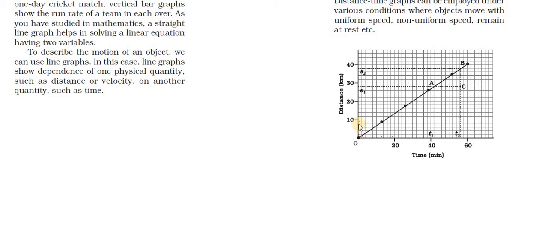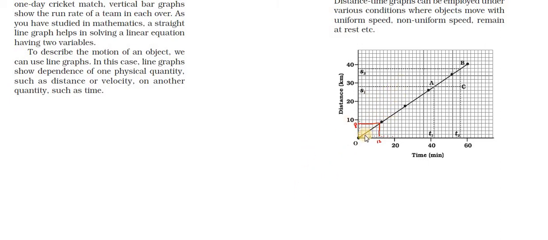If we draw a straight line like this, I can find the distance. At 6 divisions, that is at 12 minutes, the distance traveled by this object is 8 kilometers. Like that we can find the distance from the graph.